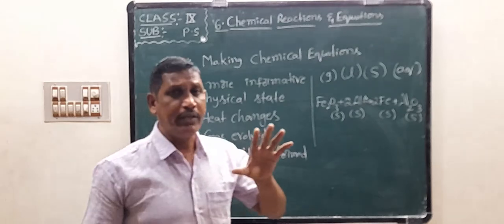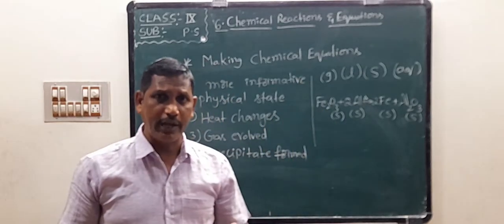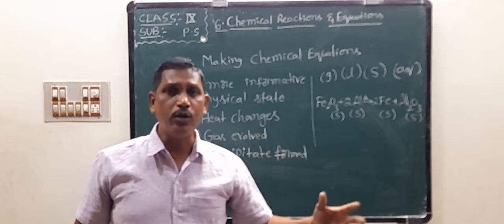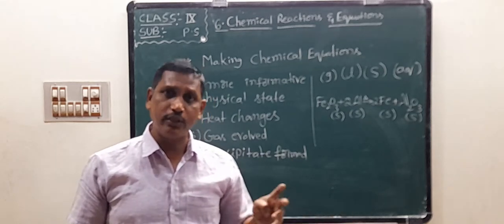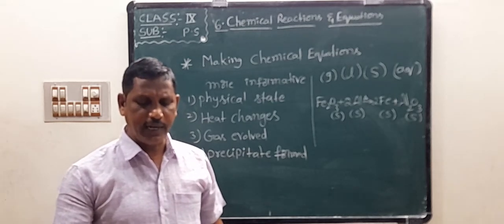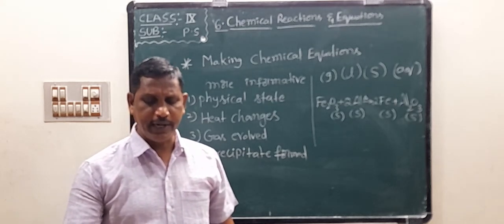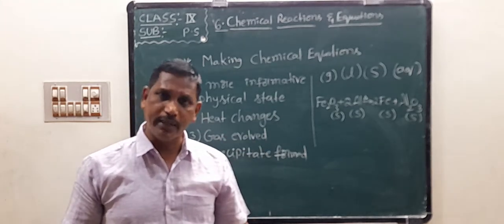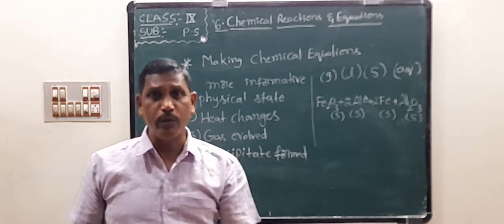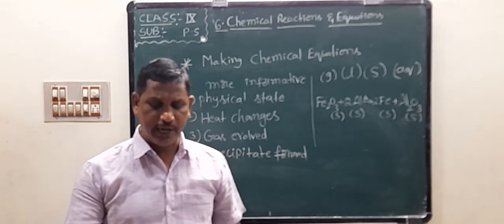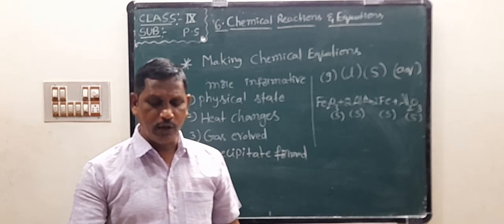If heat is absorbed by a chemical reaction, it is called an endothermic reaction. So, expressing the heat changes: heat is liberated in exothermic reactions, and heat is absorbed in endothermic reactions.